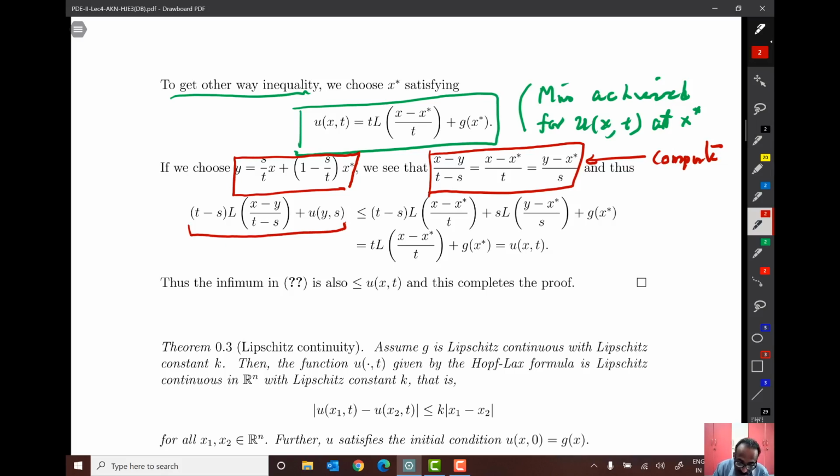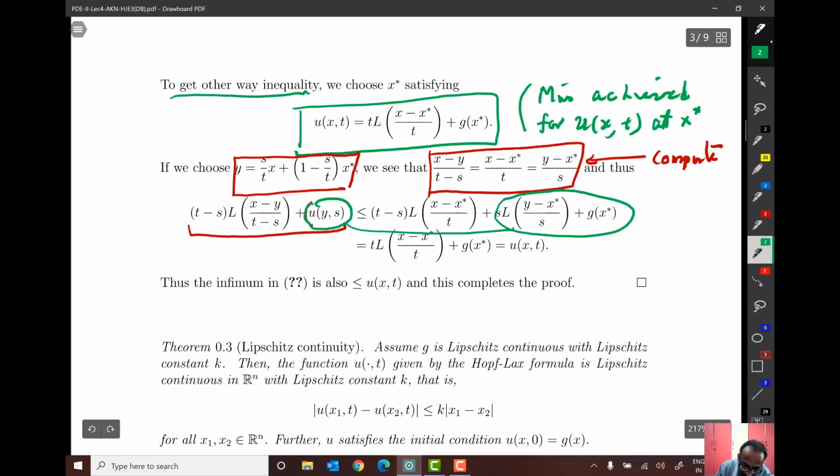Your u(y,s) is already there. u(y,s) is less than or equal to this one. So for u(y,s), this quantity, again by infimum, this quantity is less than or equal to this quantity. You see, this quantity is less than, because you apply the minimum at x star. So exactly as earlier, you are reversing the role of u(y,s) and u(x,t) and writing it down properly.